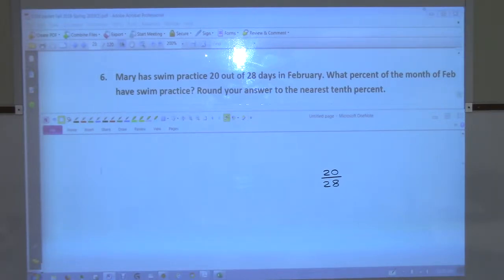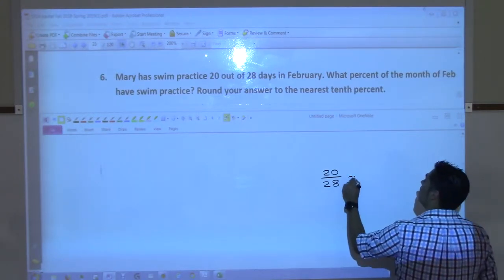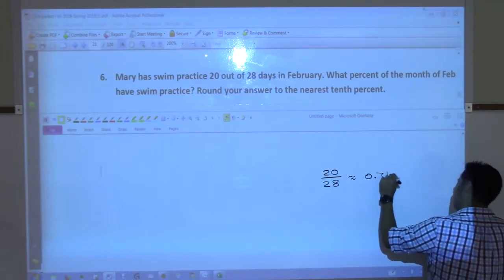And then you're supposed to convert that over, I think 71%. Yeah, so this is approximately 0.714.